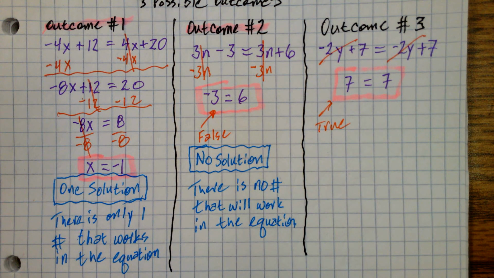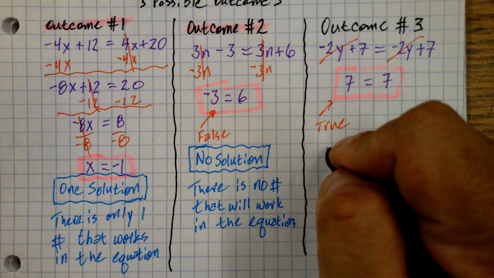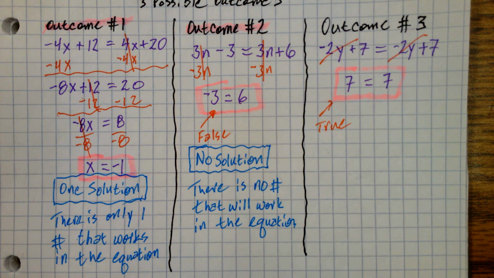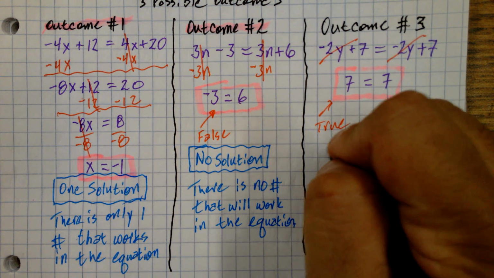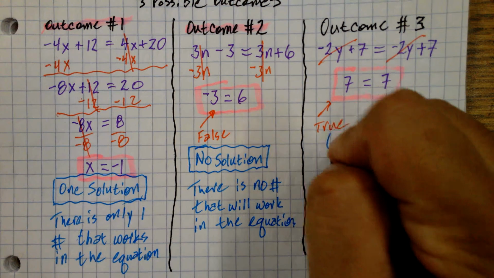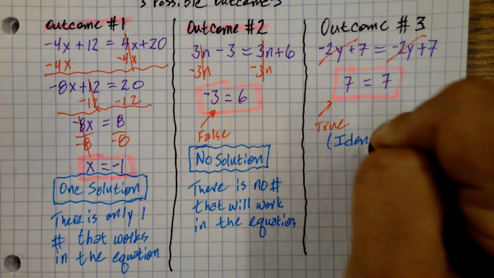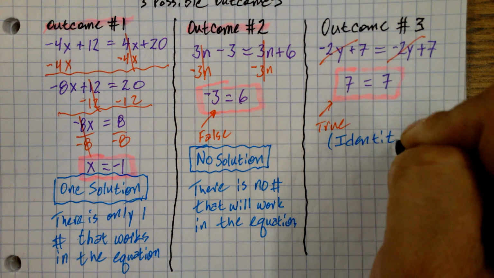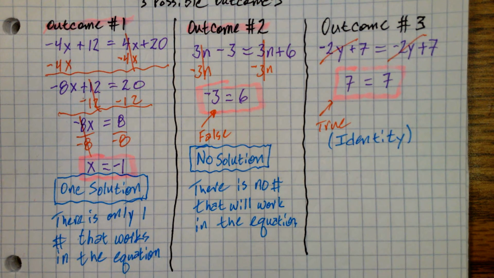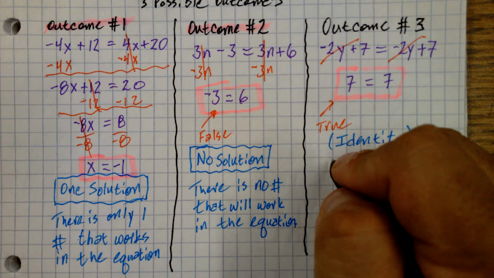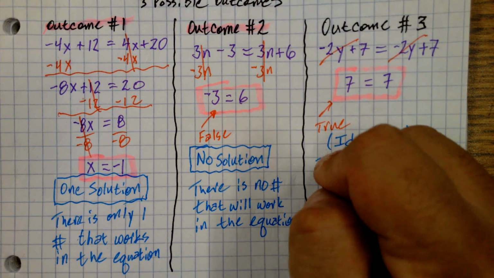Whenever you end up with a true statement, 1 equals 1, negative 8 equals negative 8, 0 equals 0, whatever identical number on both sides, it's a true statement, and we have infinite solutions, sometimes called an identity. We just put that in parentheses. Identity. But I believe here we call it infinite solutions for our activity today.